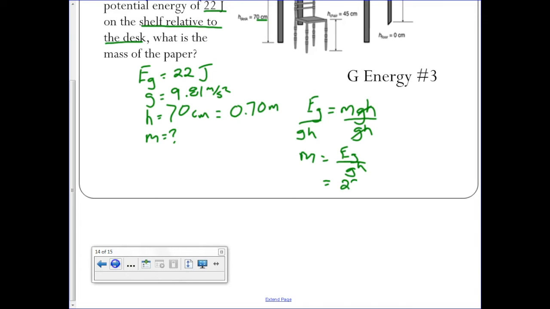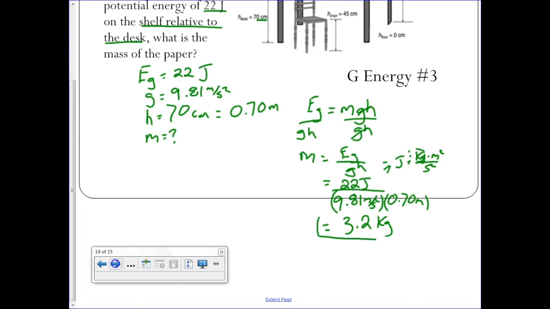So we see 22 joules divided by 9.81 meters per second squared times 0.70 meters to give us a total of 3.2 kilograms. Because remember, the reason why it's kilograms is our joules unit is equal to kilograms times meters squared per second squared. So that's where the kilograms is coming from.